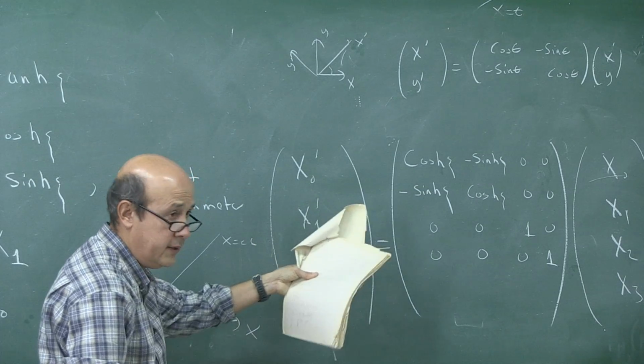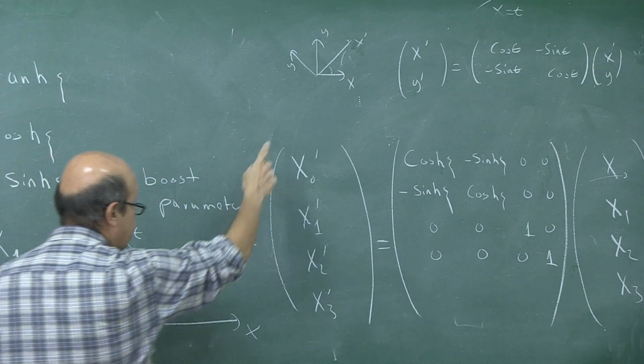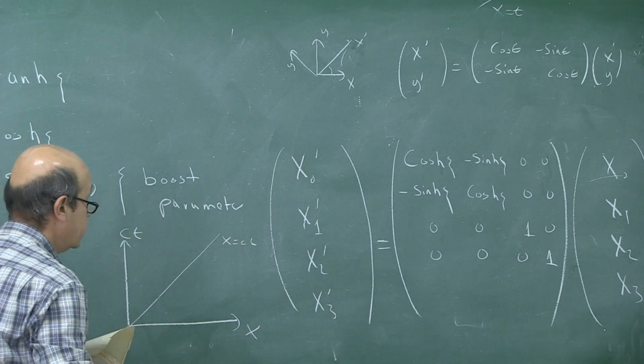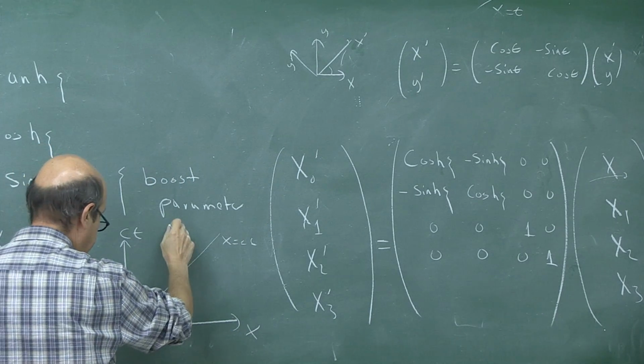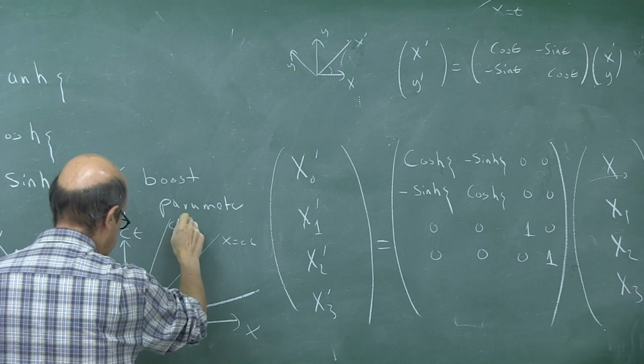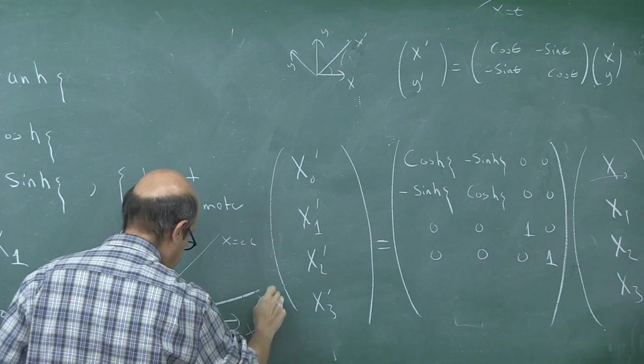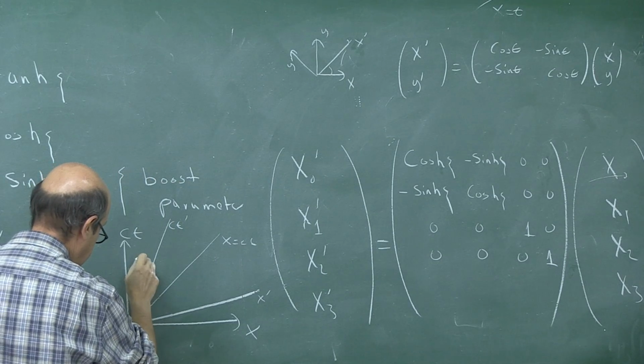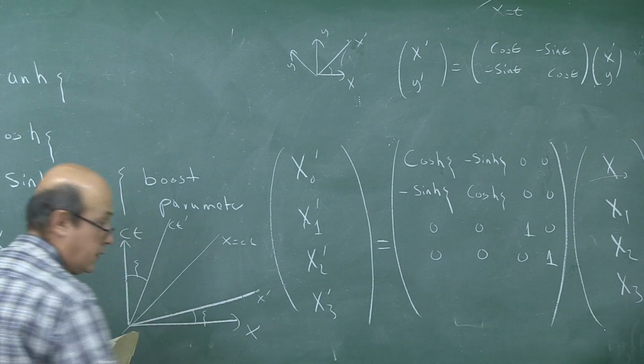If you apply this, it does not rotate the coordinates, it makes a boost in that direction. So this becomes ct prime, this becomes x prime, and this angle is psi. Okay?